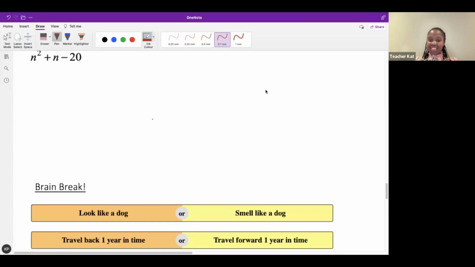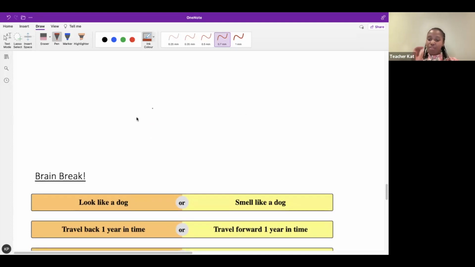Okay, guys, let's hear. Would you guys rather travel back 1 year or travel forward 1 year? So you travel back 1 year or you go forward a year? Which one do you guys rather have? Back, forward, forward. You guys want to be done with grade 9. It feels like it. Feels like you guys want to be done. Where are you rushing to, guys?